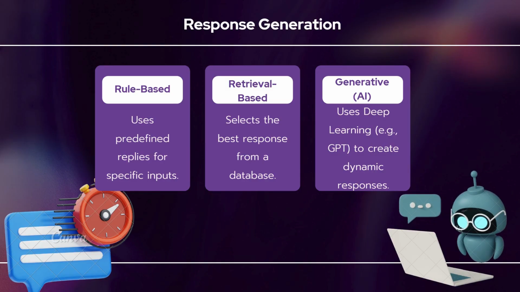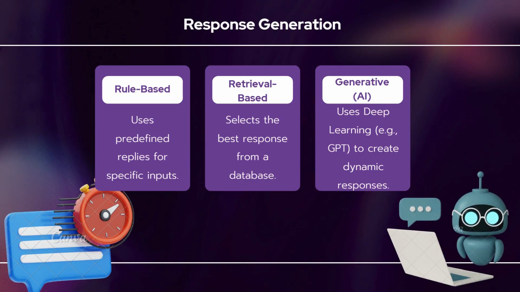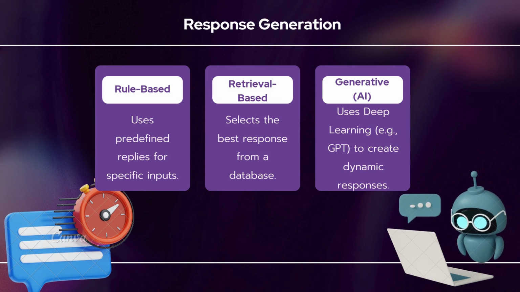These leverage deep learning models like GPT to create dynamic responses. Unlike rule-based or retrieval-based approaches, generative models do not rely on predefined responses. Instead, they generate unique replies based on learned patterns, making conversations more natural and human-like.